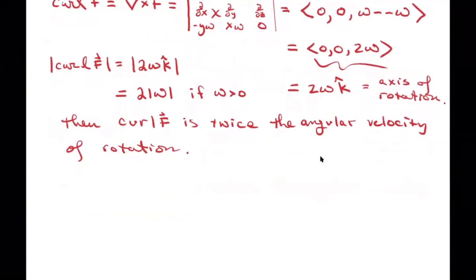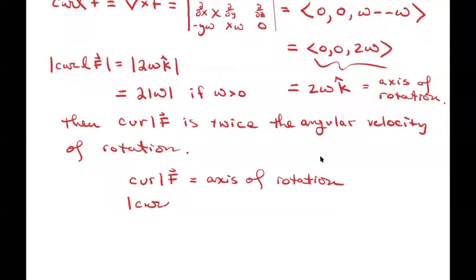Okay, so curl F is the axis of rotation. Right? The magnitude of curl F is 2 times the angular velocity. So it's sort of a rate of rotation.